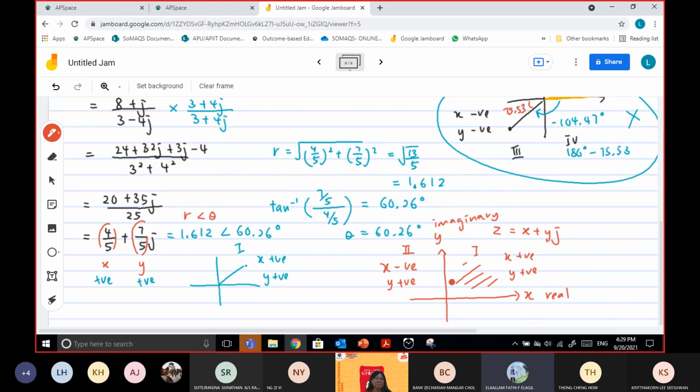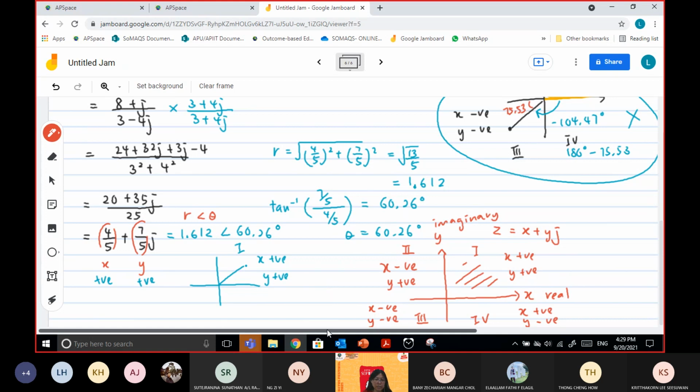Yes, miss, I understand now. So in the second, x negative, y positive. The third, both negative. And the fourth, x is positive and y is negative. Yes. Just follow the normal coordinate system.